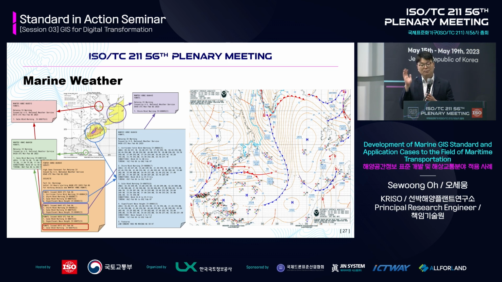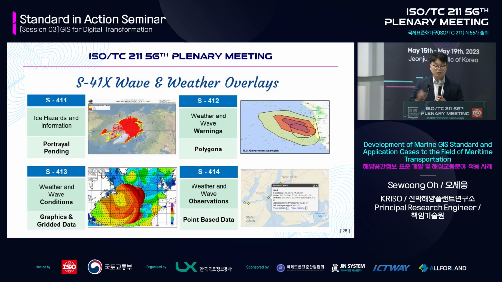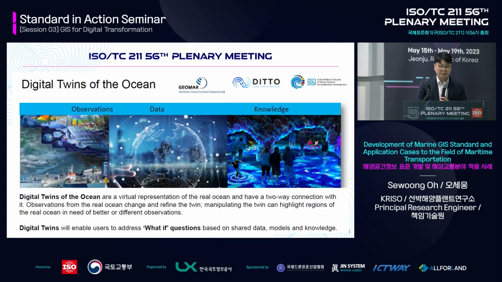Marine weather, of course, is information that is very important. So grid products, vector-based products are being produced. And we are nearing my last slide now. So maritime digital twins are becoming a more popular word now in the field, and this comes from a different conference that I recently attended.